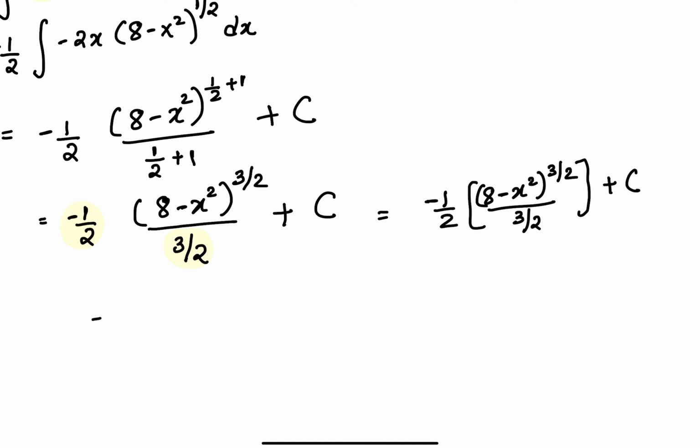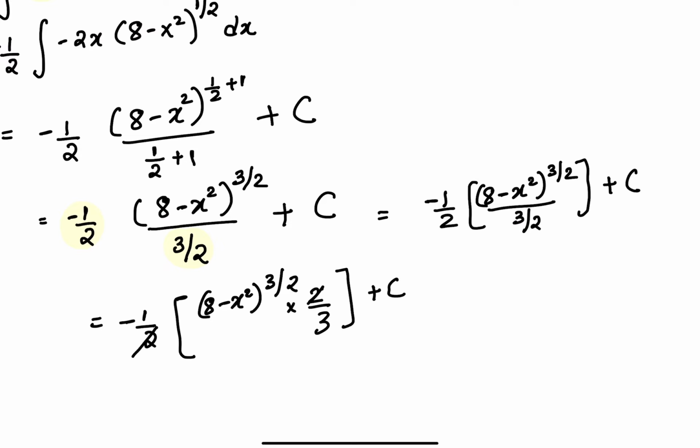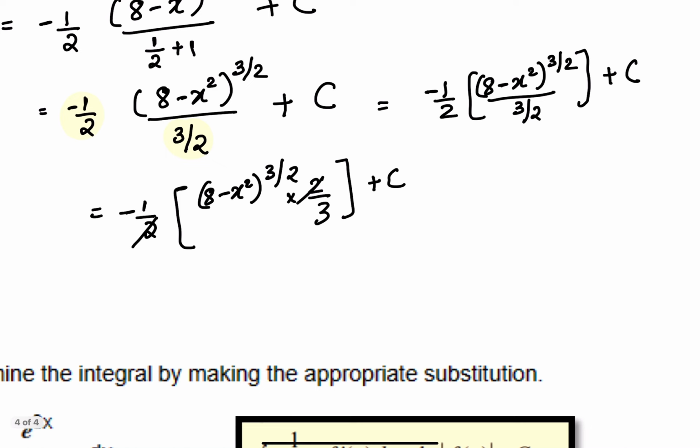So I'm going to rewrite this as negative half, and this is going to be 8 minus x squared to the power 3 over 2. I'm going to flip this fraction, times 2 over 3, plus c. So positive 2, negative 2 get cancelled, and I have negative 1 over 3, 8 minus x squared to the power 3 over 2 plus c.